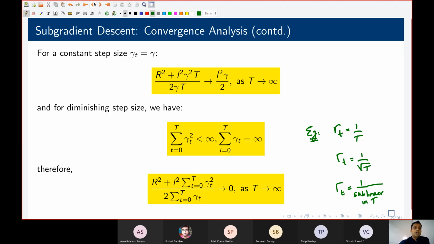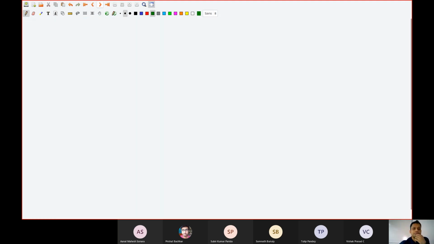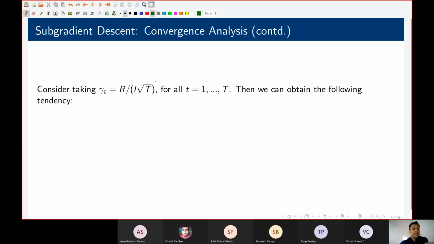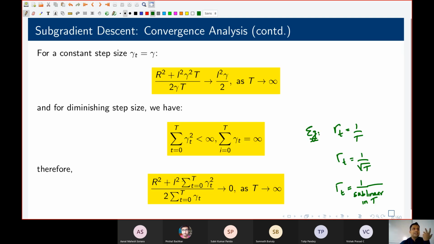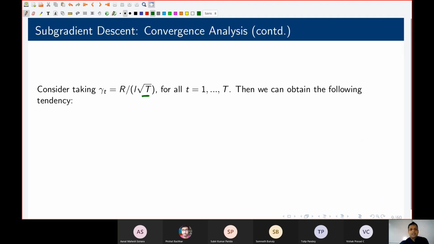Okay, great. So I've taken this one example. I've taken R divided by L just so that some of these also get cancelled, but that's okay. But important to note just the 1 upon root t. Okay, so then the bound we obtain is what?